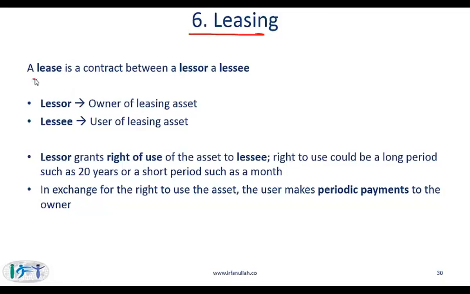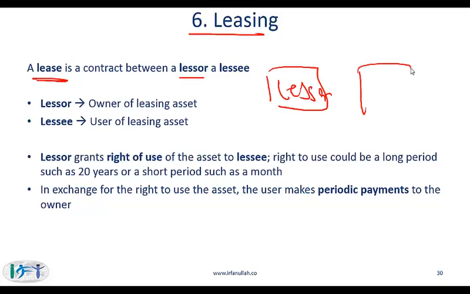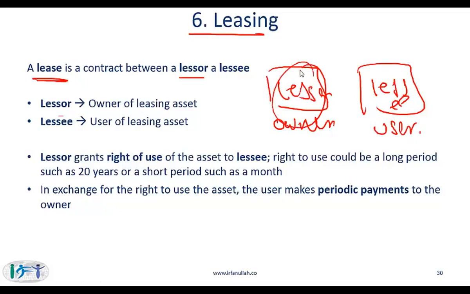So a lease is a contract between a lessor and a lessee. The lessor is the owner of the asset and the lessee is the user of the asset. So the lessor owns the asset but gives the asset or leases the asset to the lessee.